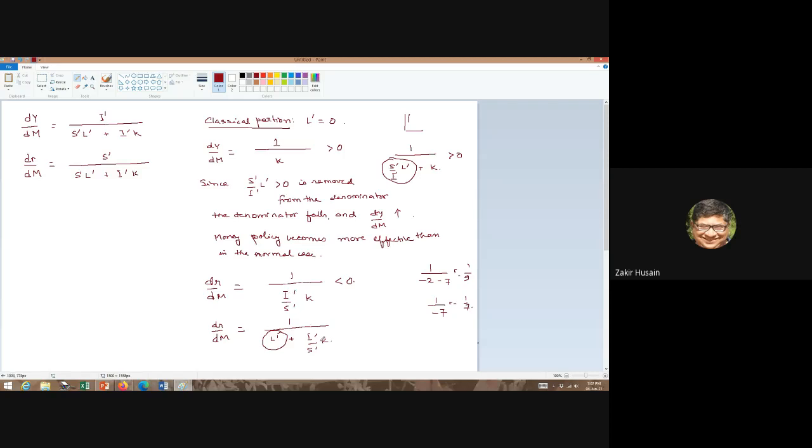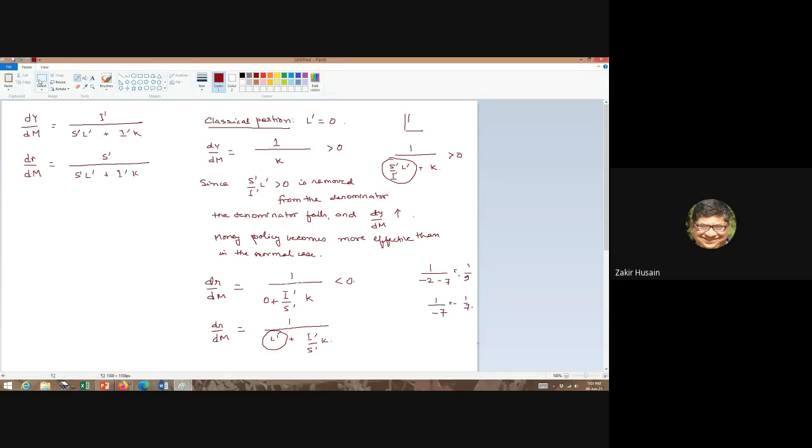So the second term is minus in both cases. Here the first term is 0, here I bring in L prime, which is also minus. So it's something like -2 -7, and here it is only -7. So which is larger? This is simple algebra, nothing more. Second one. Yes, 1/7. Remember, we are looking at the absolute value.